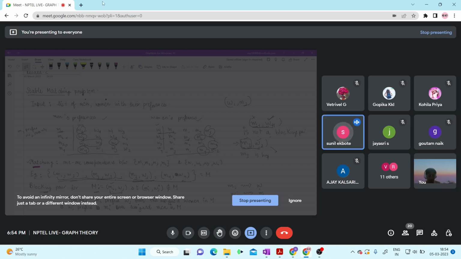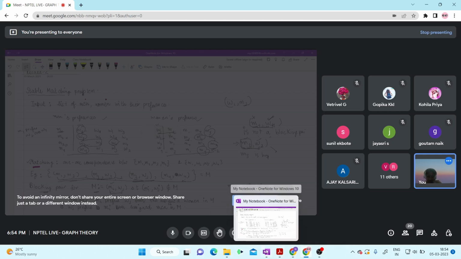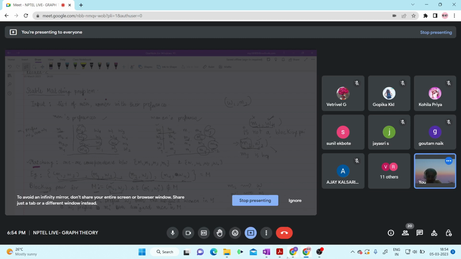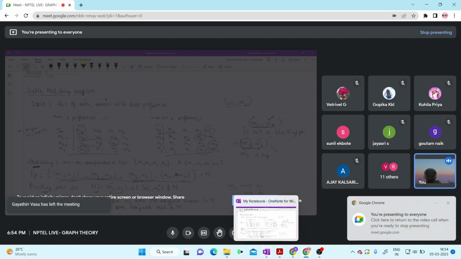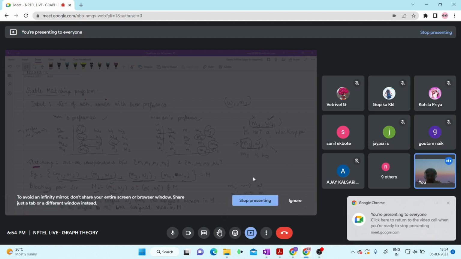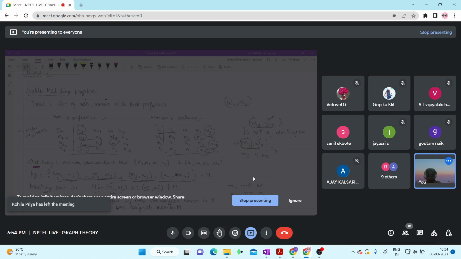Can we compare this with perfect matching? So basically this is not a graph. But if we want to convert it into a graph, the best way would be that all the men and all the women are vertices, and the preferences are some kind of edges.